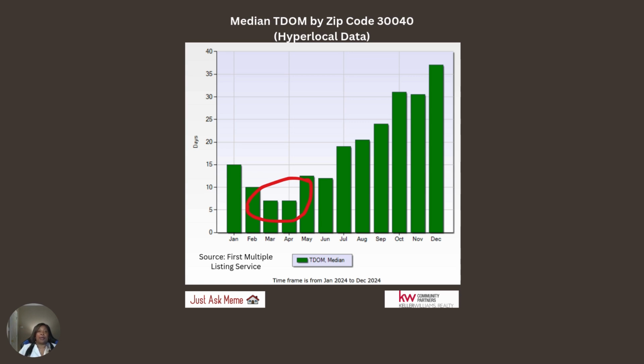If you remember what the previous one looked like, this one looks a little bit different. Even though I have the spring market circled, when you look at December, it's still performing pretty well. It's under 40 days. So when you're looking at some of the websites, looking at homes, you're like, oh my goodness, these houses are sitting out a little bit longer.